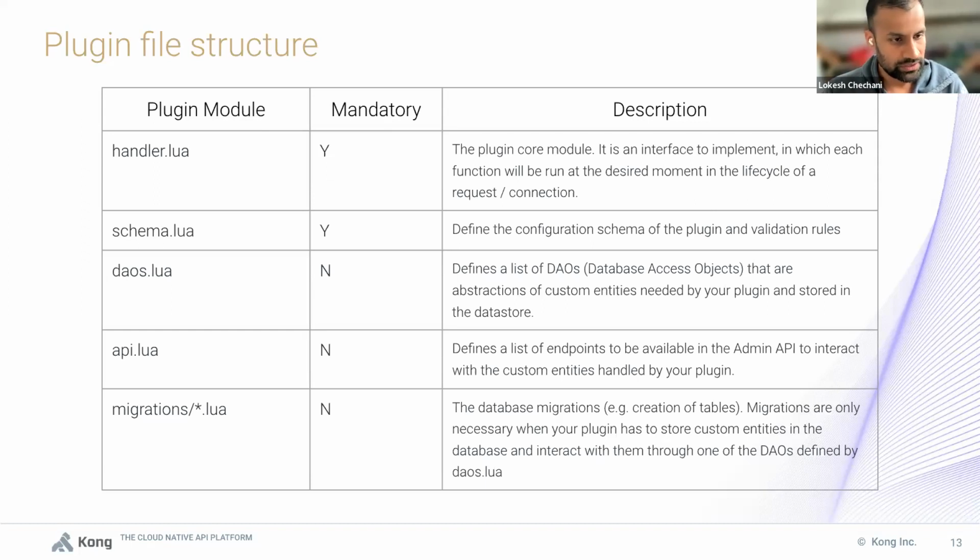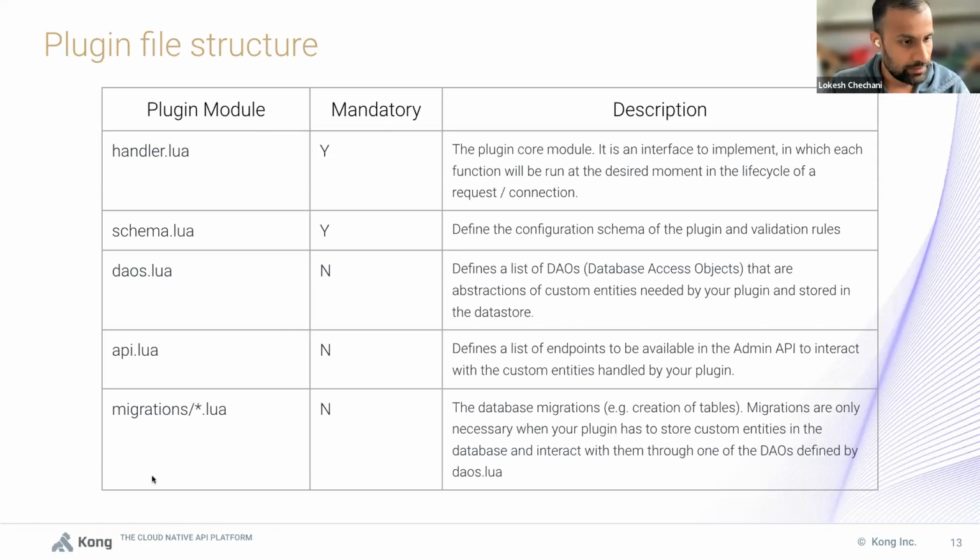The next three files, which are the data access object Lua module, your API module, and migrations, are pretty much non-mandatory because that's based on the use case. For example, if you need anything to do with your database, and you are looking to create some custom entities and custom tables in Kong, then you would need this data access object Lua, and of course you need to provide the migration file so that when Kong creates those tables, it knows what tables to create.